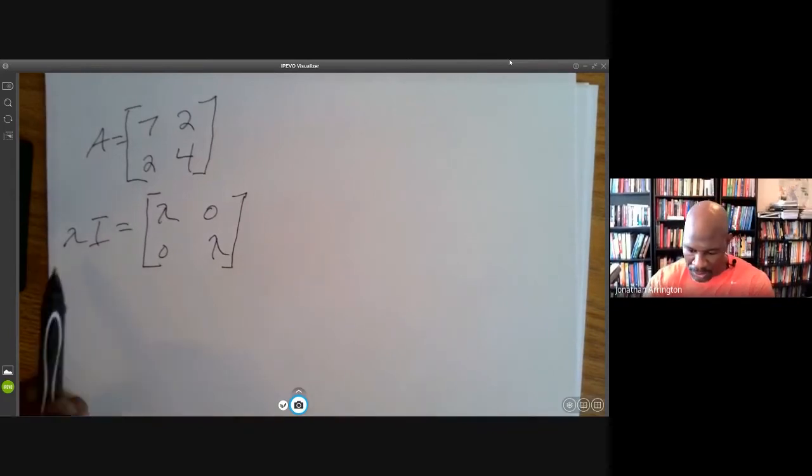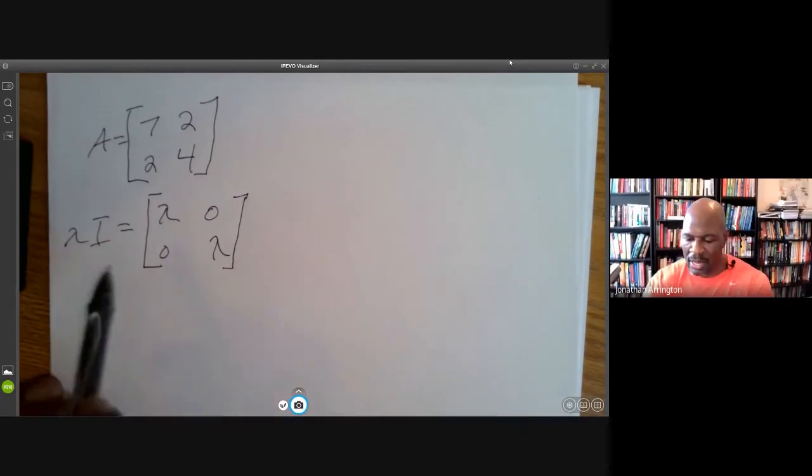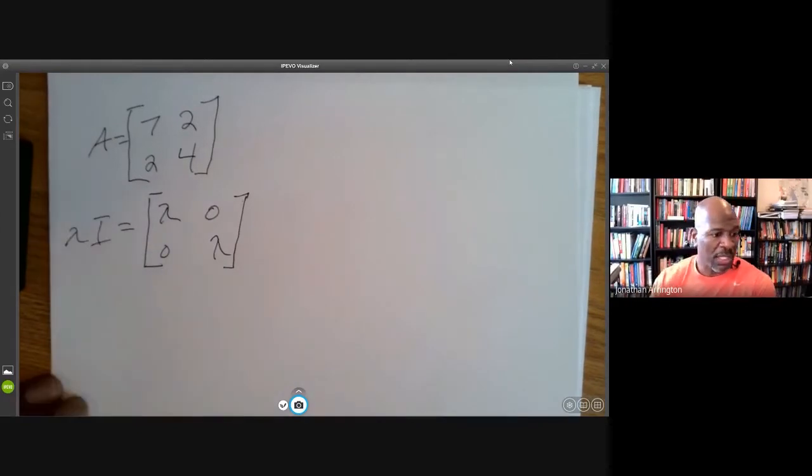And so when we do lambda I minus A, it's going to be lambda minus the numbers on the main diagonal, and every other component of A is going to have the opposite sign because it's being subtracted.